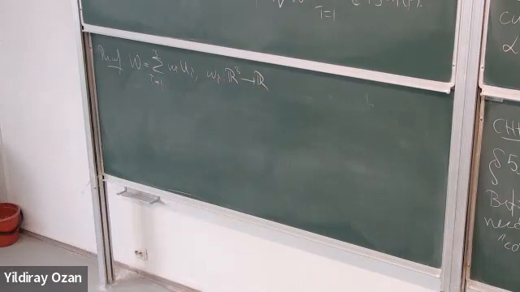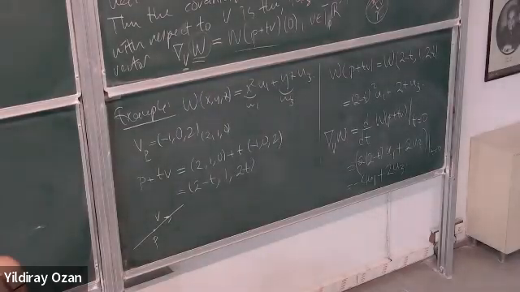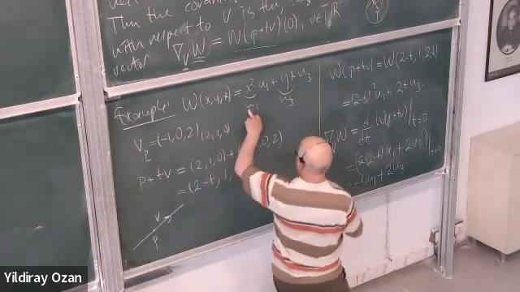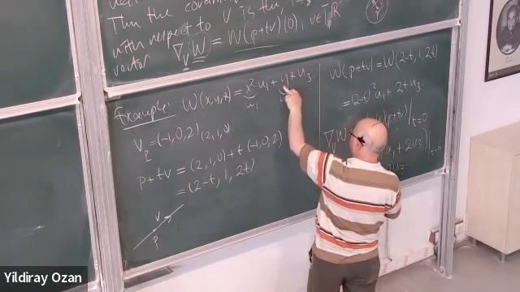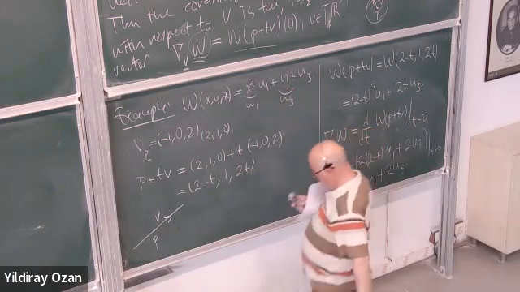So this is W1, this is W3. W2 is 0 because the coefficient of U2 is 0. Here in this example, W1 is this function, which is x squared. W3 is this function, y times z. W2 is 0.